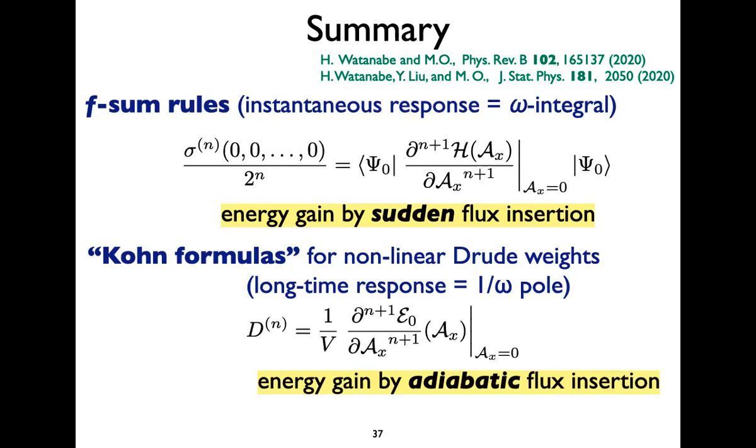So I don't know the answer yet. But actually that's important for practical purposes, because for linear conductivity, the f-sum rule has been very useful, for example, to check numerical computation. You do some numerical calculation for conductivity and compare with the f-sum rule.